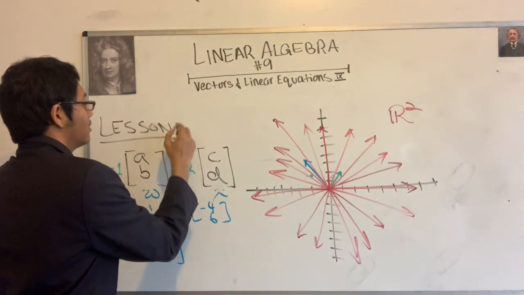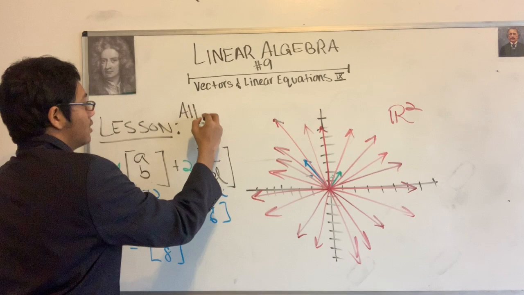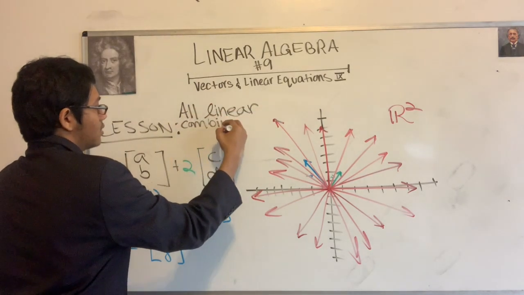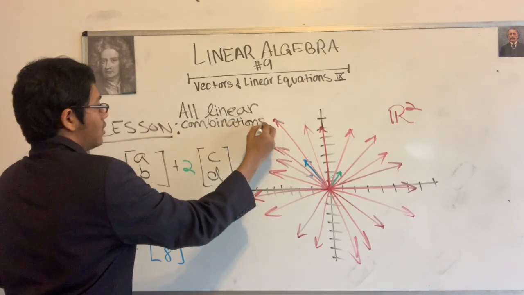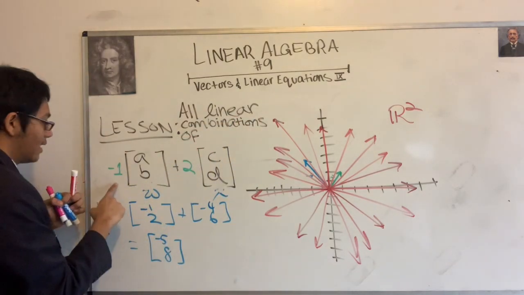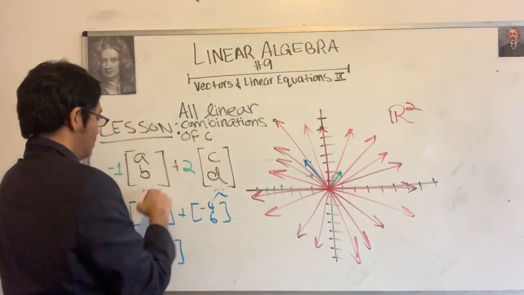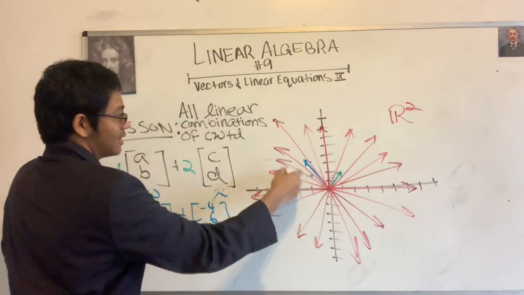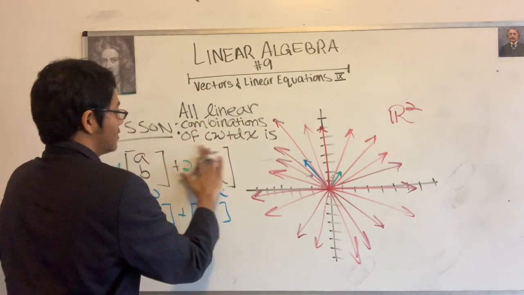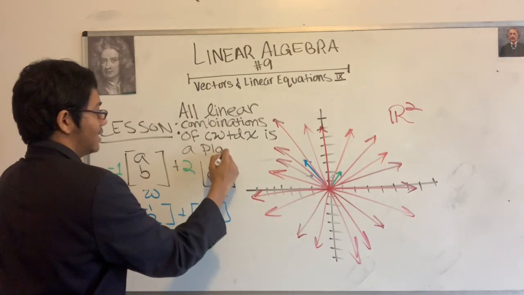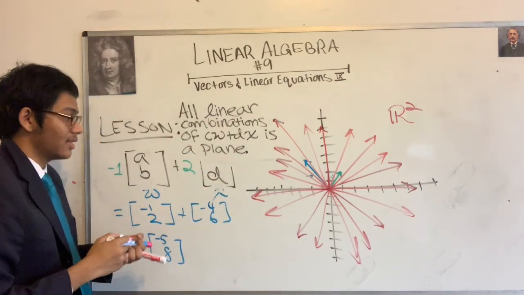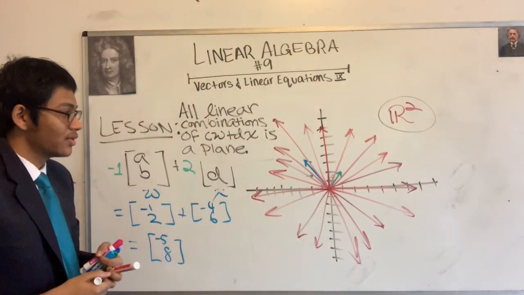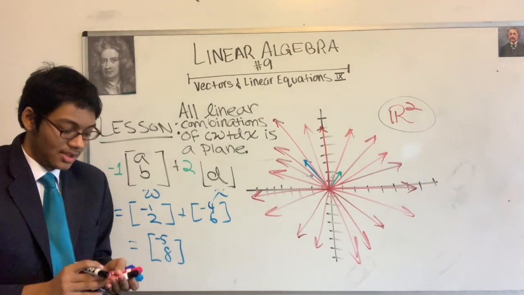We can say all linear combinations of, let's call this scalar C, we call this W, let's call this D, and I call this vector X, is a plane. Because what is this plane? This is the plane R2. So even if this is confusing, next lecture we'll go into it more.